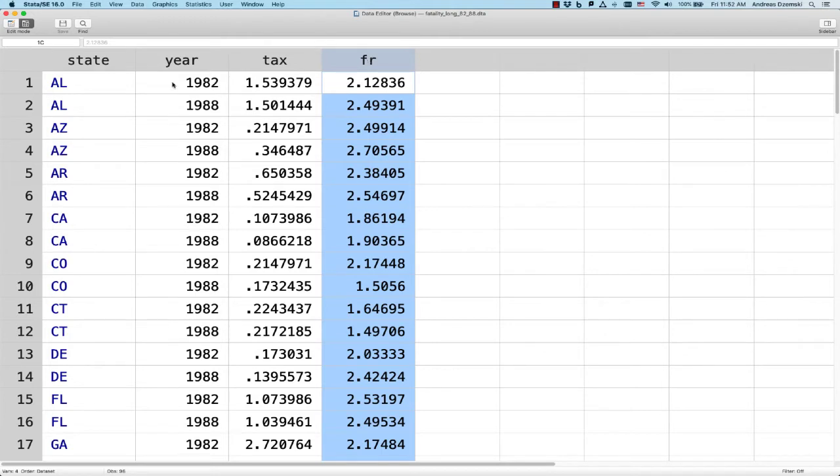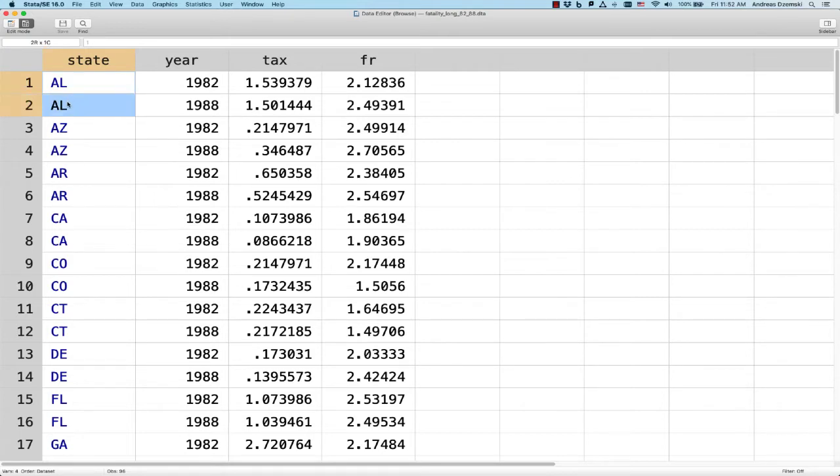So for example, the first row gives us data for Alabama in 1982, and the second row again gives us data for Alabama, but this time for 1988. For every US state, or every unit in our panel data set, we will see 2 rows, because that's how many time periods we observe.